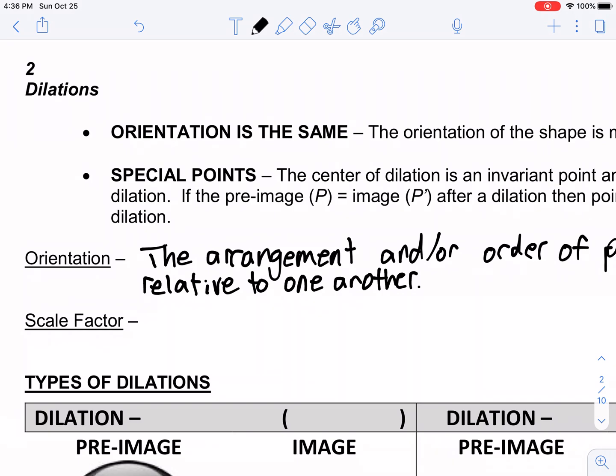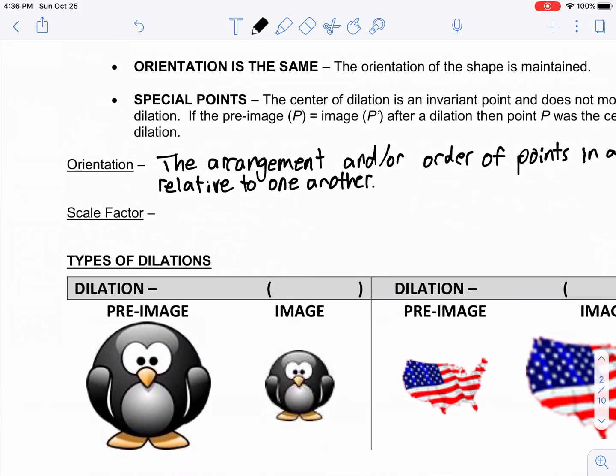Now the scale factor, that's going to play a big role in our notes here. Another way to think of it is as a ratio, a ratio of how things change.